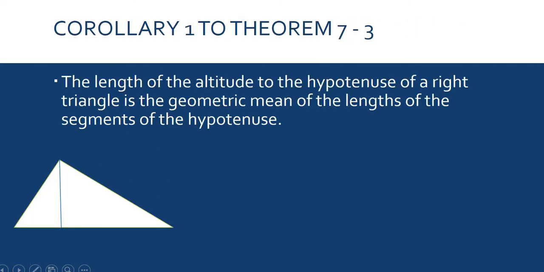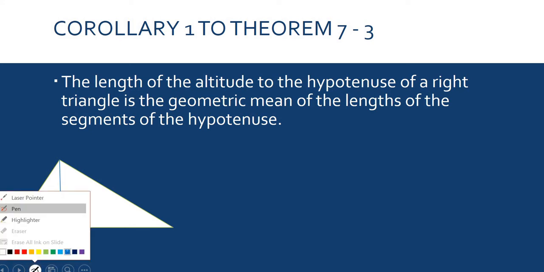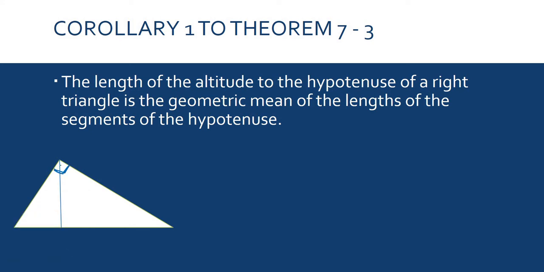So the first corollary, corollary 1 to theorem 7.3. The length of the altitude, let me put my right angles in here so that we're all clear. This is my original right triangle, the big one. This is the altitude, which forms two more right triangles.